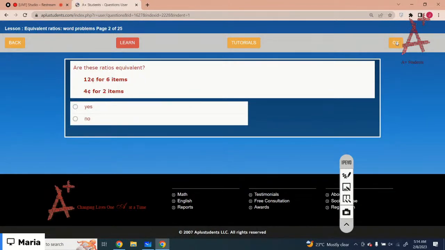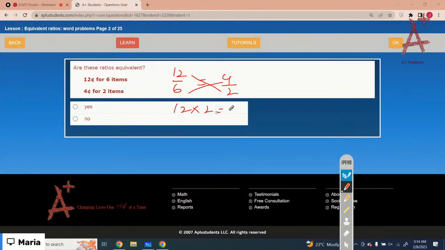Okay, the next one is, are these ratios equivalent? 12 cents for 6 items and 4 cents for 2. It would be 12 over 6 and that equals 4 over 2. Got it? Just do cross multiplication, you have to do 12 times 2 and 4 times 6. 12 times 2 is 24 and 4 times 6 is 24. So they are equal.